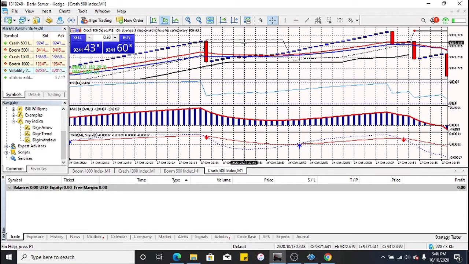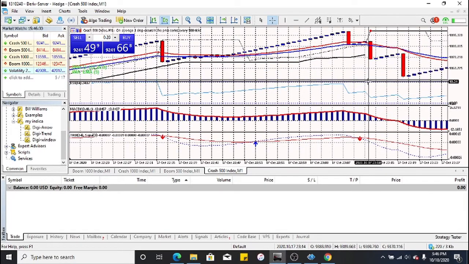Okay, so this is a setup where you could have captured this spike. See, you are in a red zone. It tells you you're in a spiking zone. So you expect the MACD and then the two moving averages to turn, and I've already told you how to set the two moving averages.